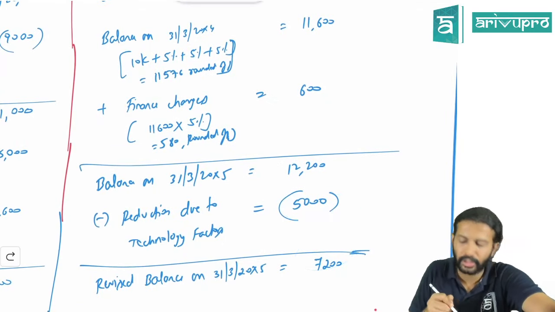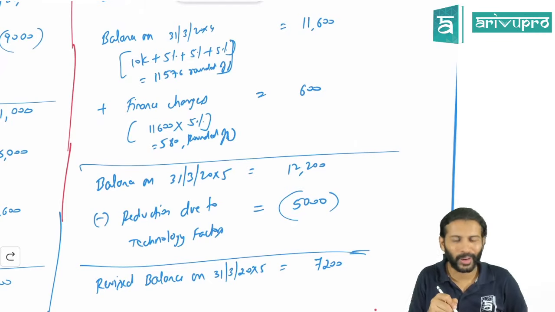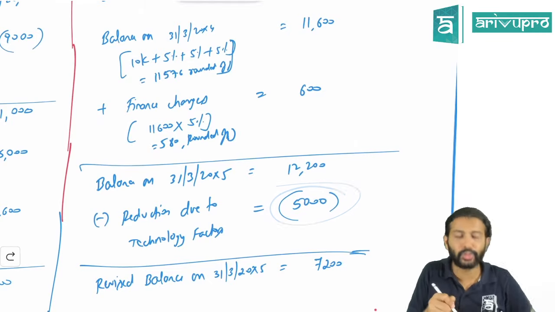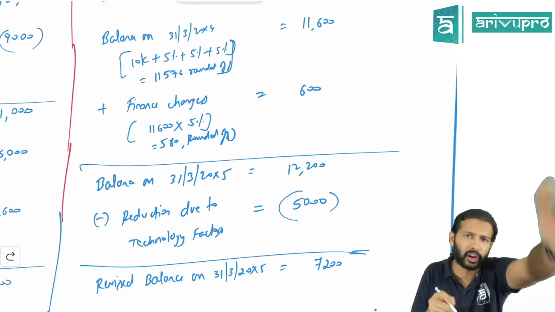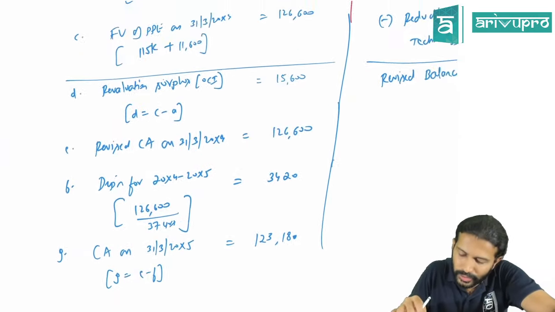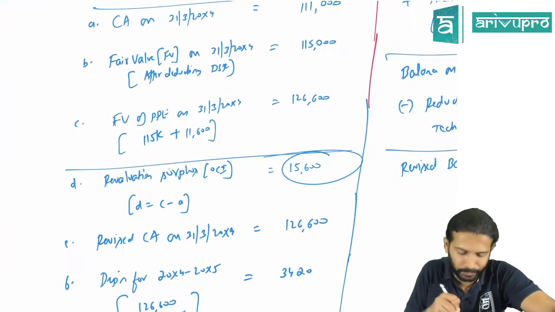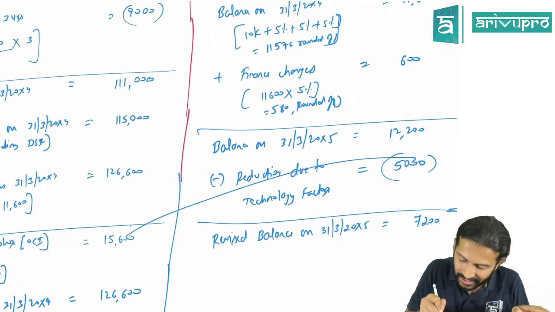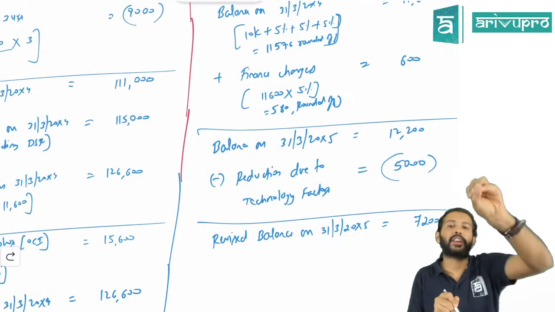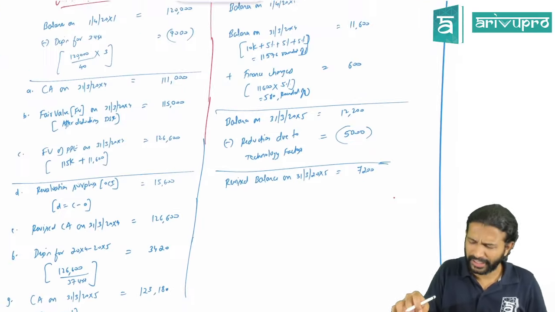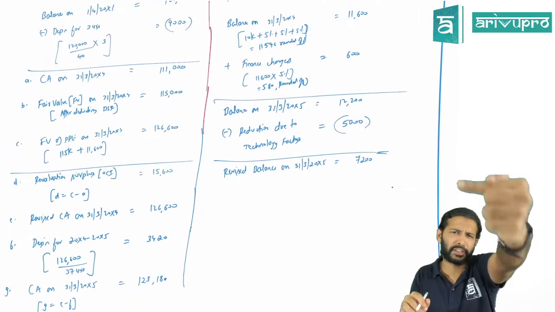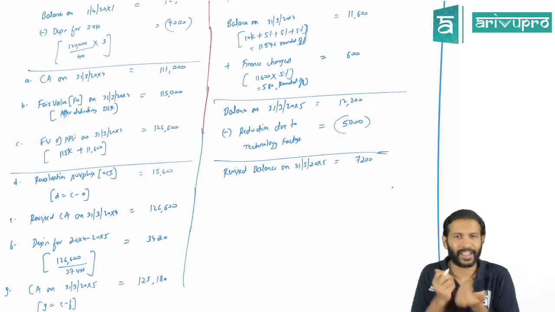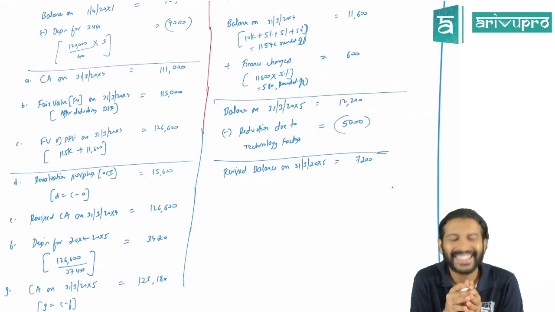But our study material, no. Instead of adjusting this 5,000 against PP's cost, they've adjusted this with revaluation surplus. You have revaluation surplus, right? This 5,000, they adjusted with OCI, revaluation surplus. Quite debatable. According to me, in my view, it should have been adjusted from the cost of the asset. But again, I don't have overriding power over study material.